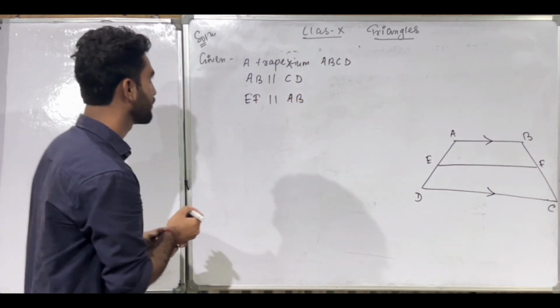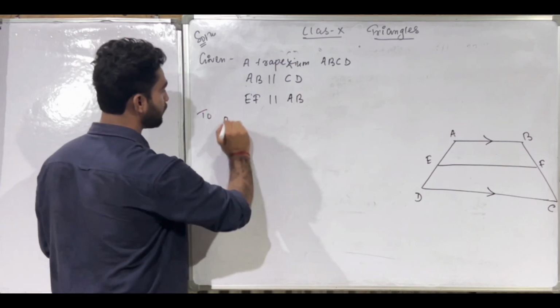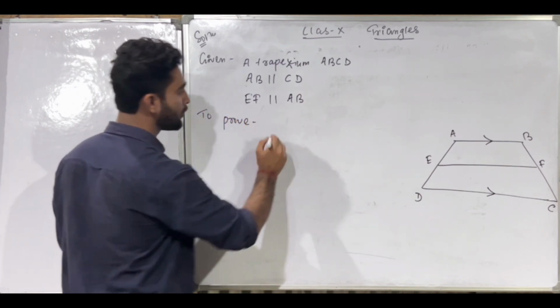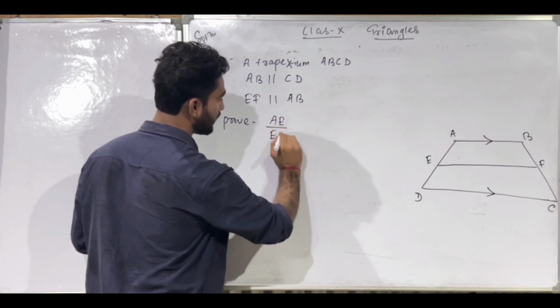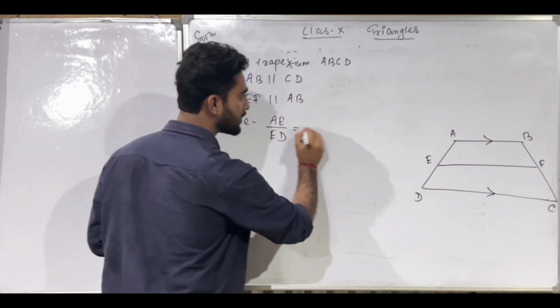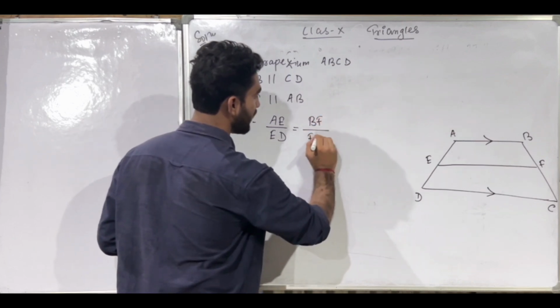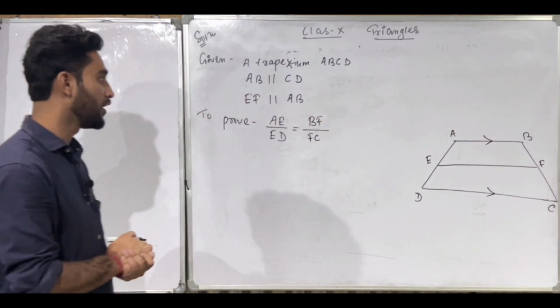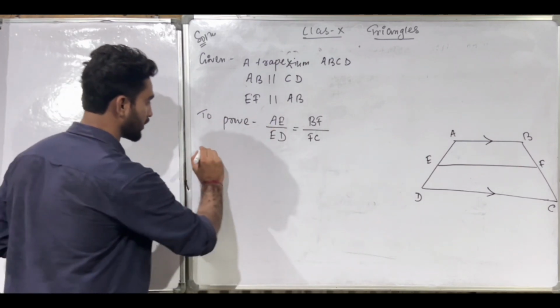Anything else? Okay, nothing else given. Then to prove, what we have to prove? AE divided by ED is equal to BF divided by FC. Now to prove this question we have to do construction.